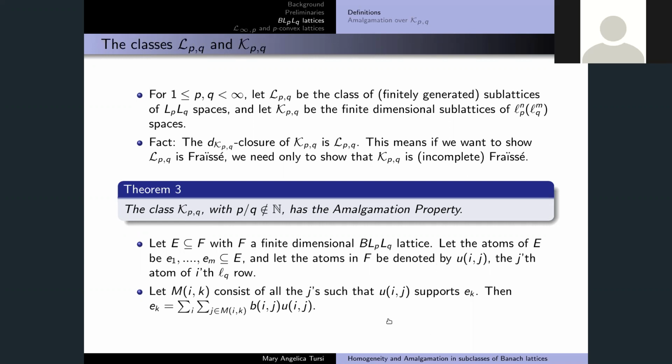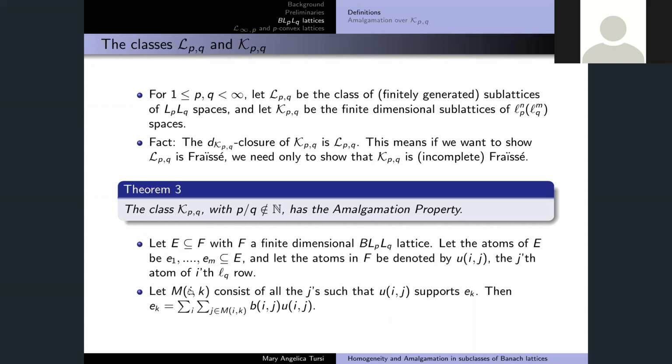And basically what it comes down to is we're going to collect different portions that are supported by different atoms. So I'll let M_{ik} be all the j's where the u_{ij} support e_k, and then I can express e_k in this fashion.